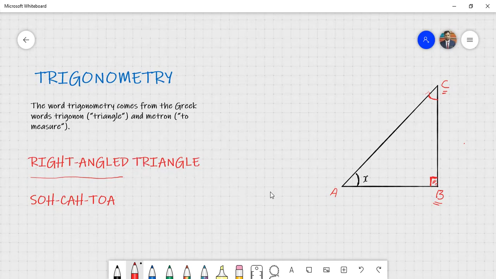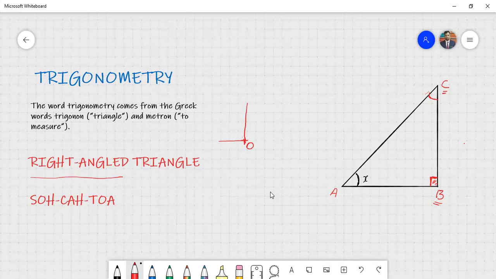Let's suppose two straight lines, two perpendicular lines, intersecting each other at this point. Let's suppose this is point O. The angle formed at this point is known as a right angle.